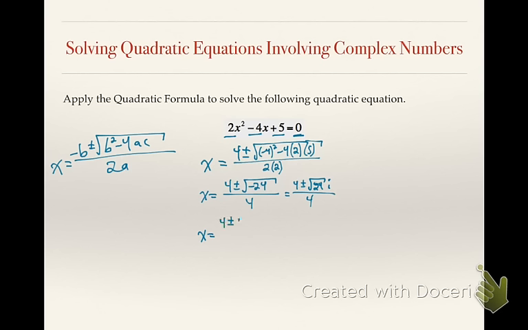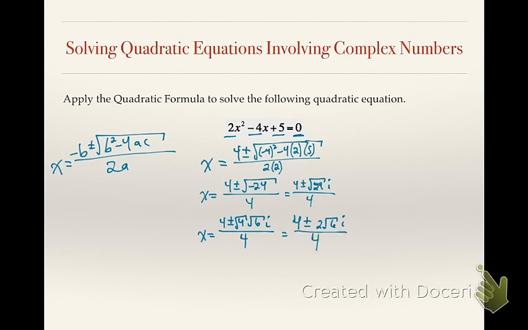So I can rewrite this as 4 plus or minus radical 4 radical 6 times i over 4. Make sure you're noticing that the i is not under the radical anymore. It's outside. So this gives us 4 plus or minus 2 radical 6i over 4.